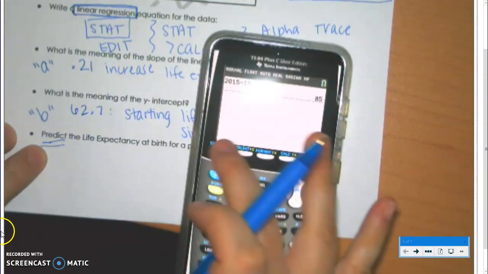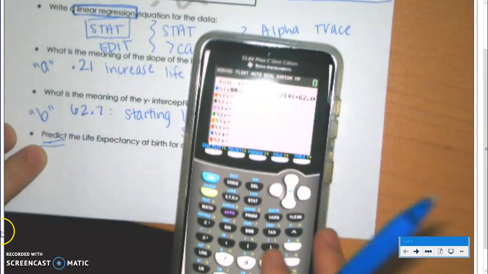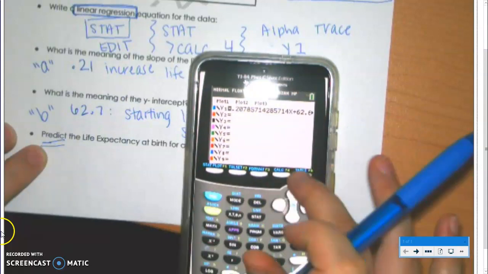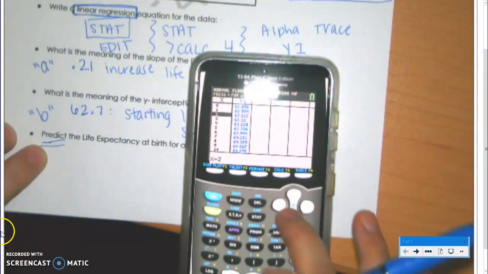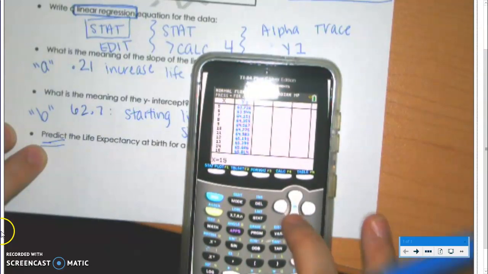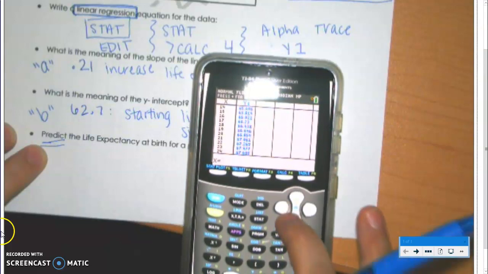I'm going to hit Y equals, and my whole entire equation is there. I'm going to go to the table. And this might take a little while, but I'm going to go to where my table says 85. And whatever it says next to 85, that's going to be my answer.